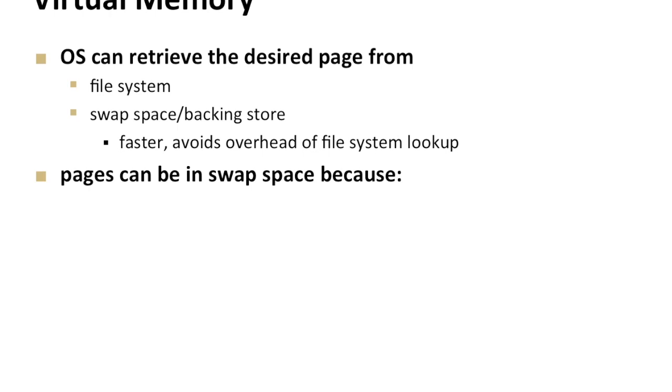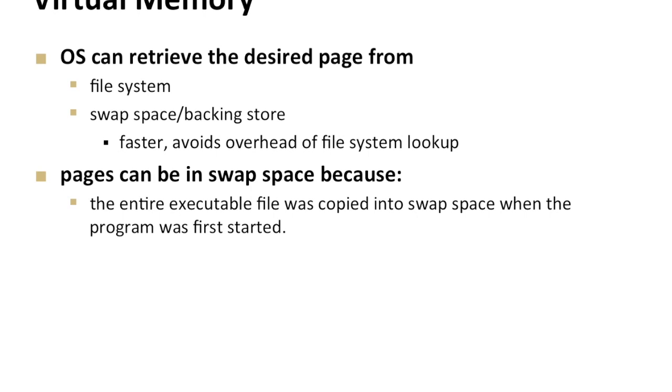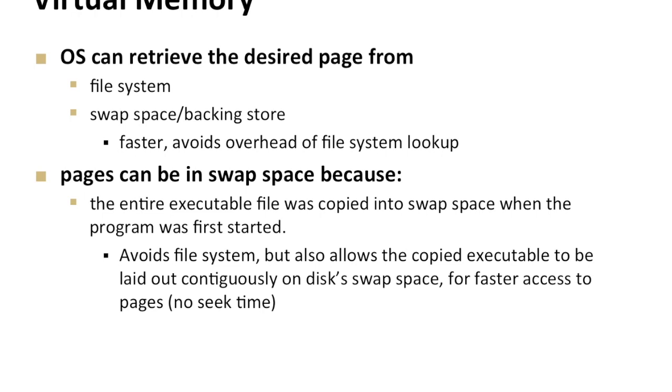There are a couple of different reasons we could have information in the swap space. It could be that when we first started, we put the whole executable into swap space. That way, once it's there, we can manage it. This is nice because it allows us to create the executable laid out contiguously, and therefore we know exactly where things are and can get to those pages quickly.